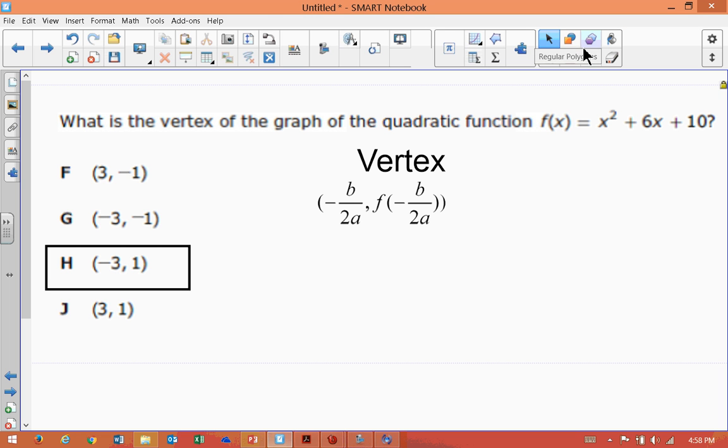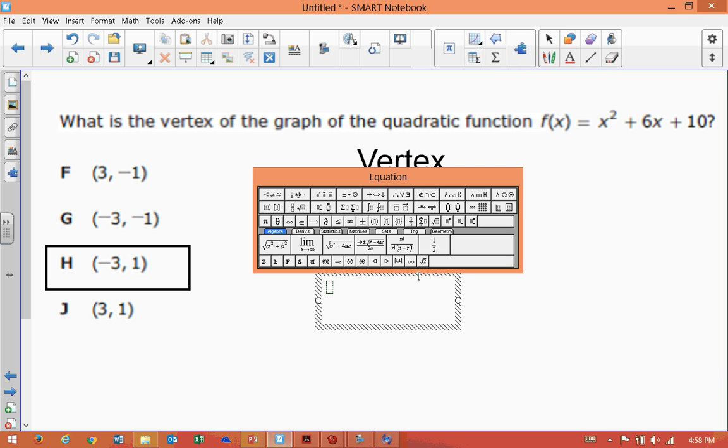The general equation of a quadratic function looks like this. Let's put that equation in here.